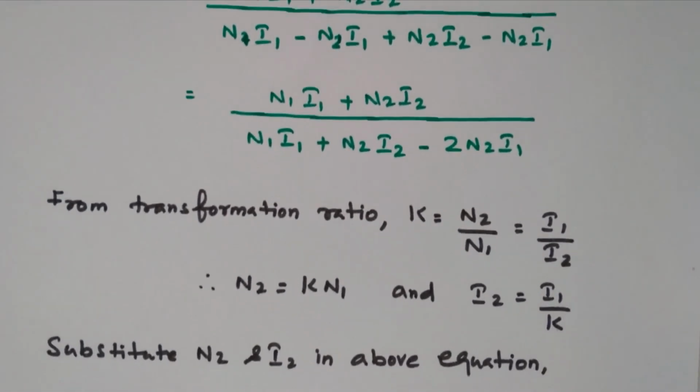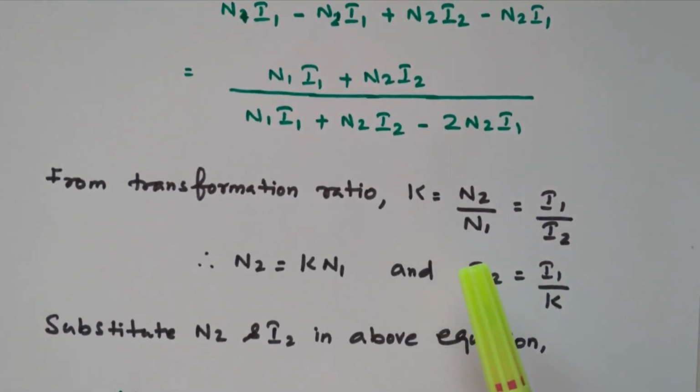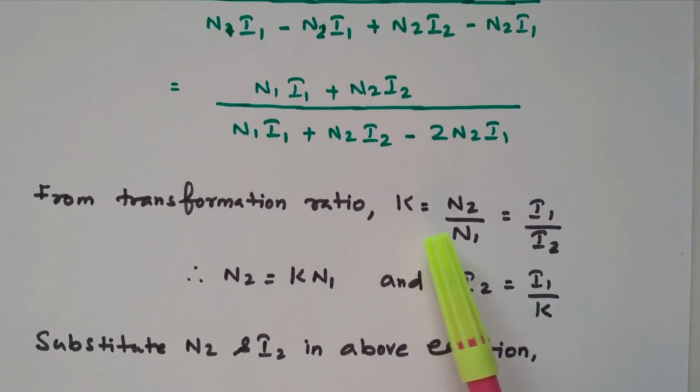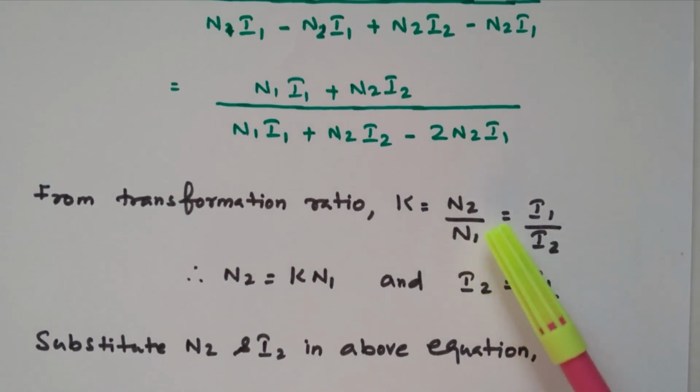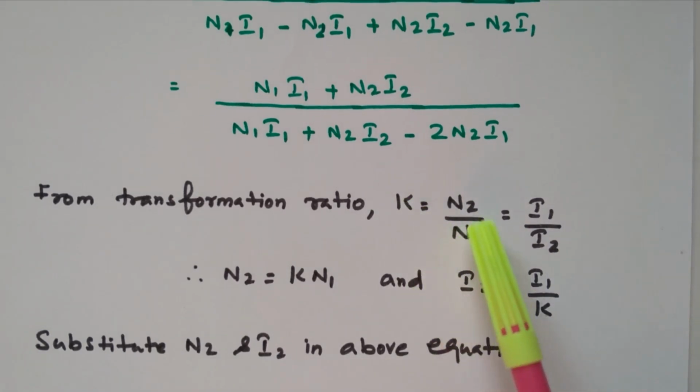By using the transformation ratio, we know the transformation ratio K equals N2 by N1, or V2 by V1. In case of current, it is reversed, I1 by I2. So, from this we can write, cross multiplying, N2 equals K into N1.